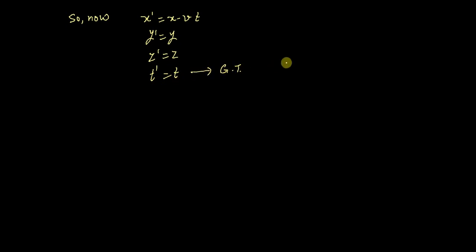So now we have the relationship: x prime is equal to x minus vt, y prime is equal to y, z prime is equal to z, and t prime is equal to t. Actually t prime is equal to t. In Galilean transformation there is no change in time. They assume that time is absolute.